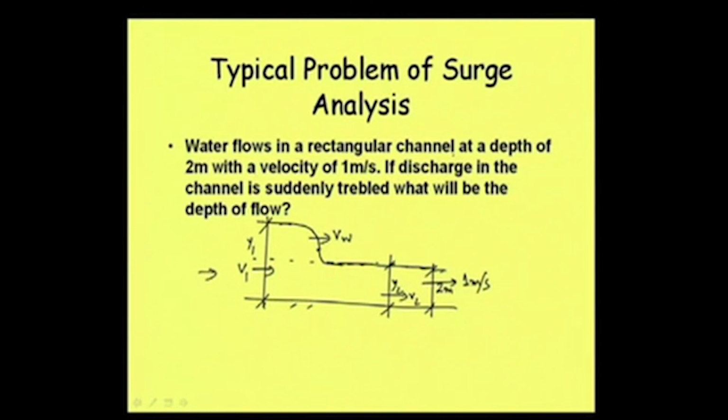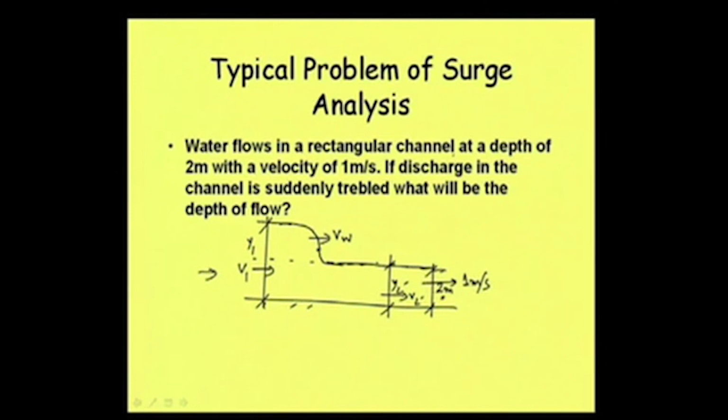Then how can we write the continuity equation and momentum equation for this case? What we know here is the depth y2 and this v2. Velocity is 1 meter per second and depth is 2 meters. So that part is known and other things are not known. And what we know is that the discharge which was earlier flowing is now tripled.